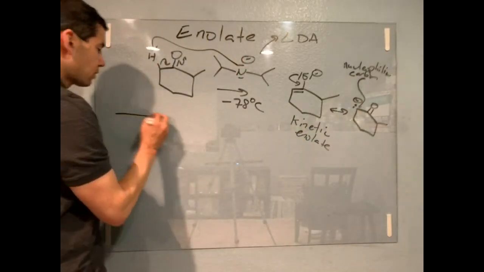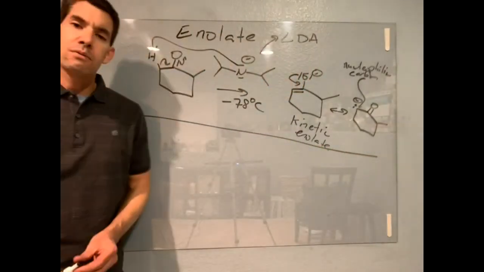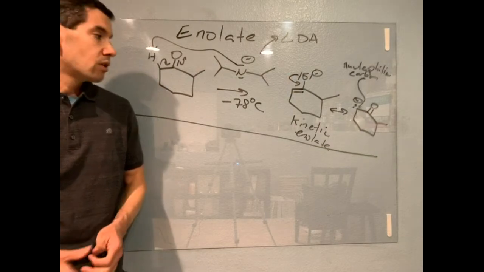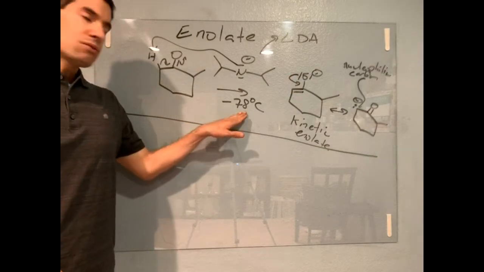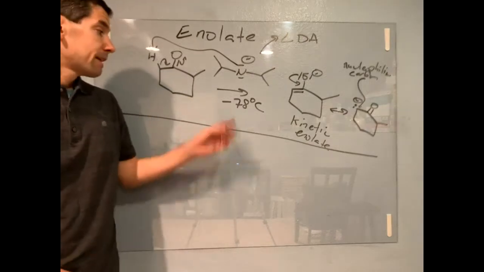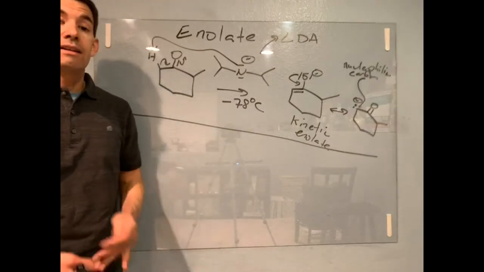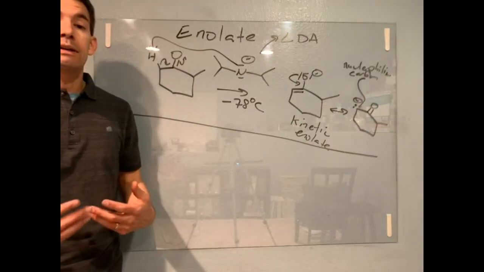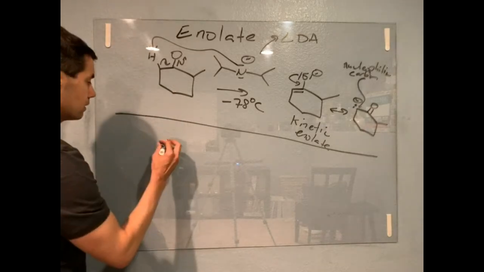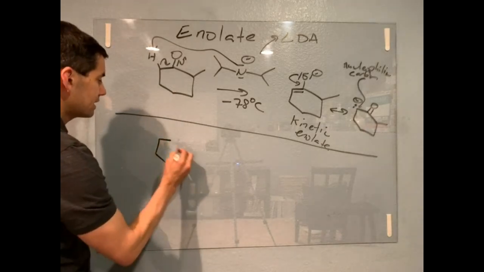Now, for our other one, remember, our thermodynamic one, that's the slow enolate. It takes a little bit longer to form. So we don't want to do it at minus 78 because it's too slow. We need a little bit of heat in there to make sure we get the reaction to go forward, to make that more substituted, thermodynamically stable enolate. So for that one, we use a slightly different base.